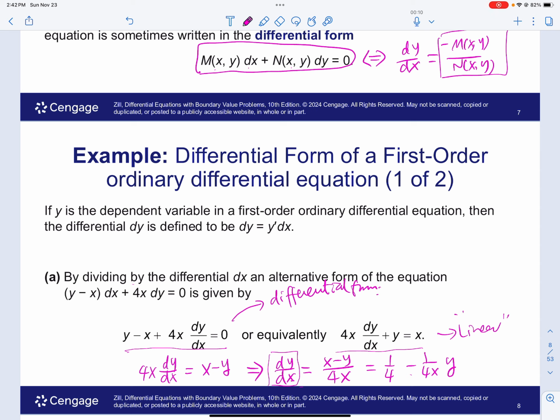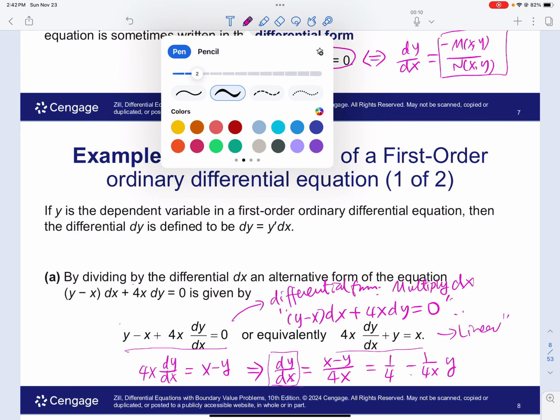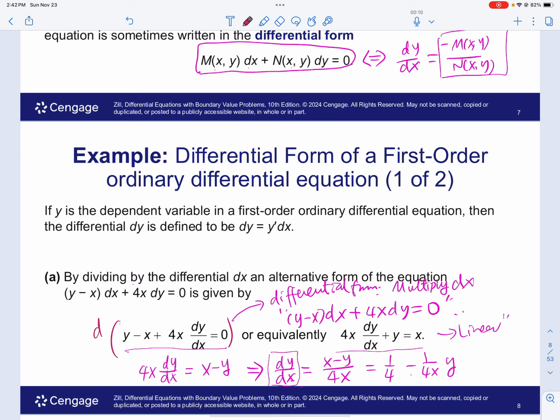We wanted to multiply by dx, so it will be y minus x dx plus 4x dy equal to 0. Did you see? For here, you multiply dx through the equation, and that will give you the differential form. And for this one, if you wanted to find the order, you isolate dy over dx. Are you guys clear?